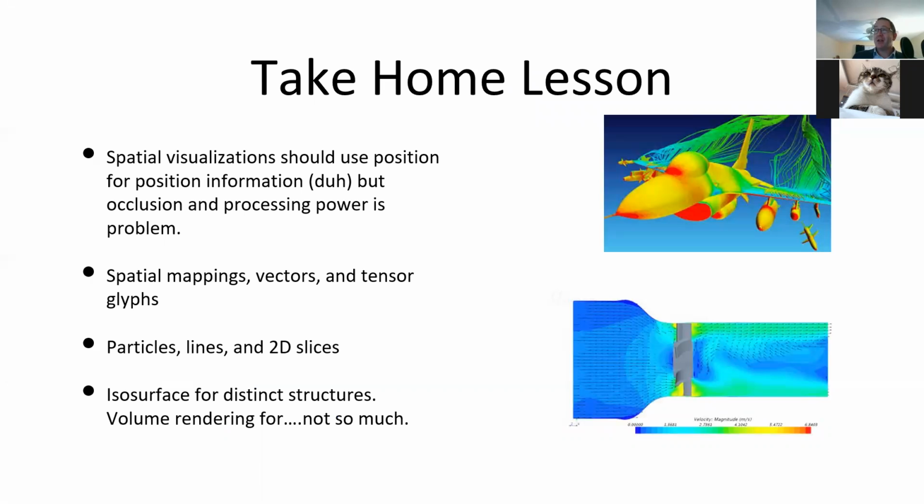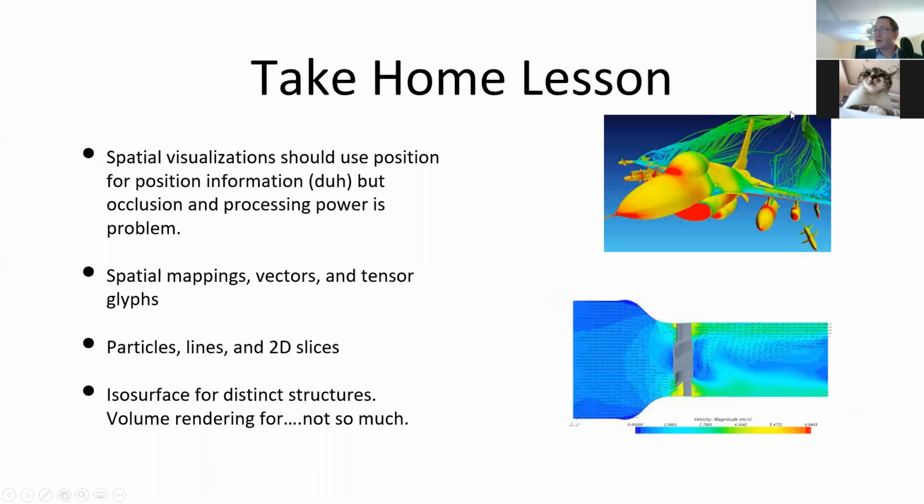Okay, our big take-home lesson I want to give you guys: spatial visualizations are for position in space. But occlusion and the sheer amount of data becomes a problem. As a result, we have a whole bunch of little techniques along the way. We have spatial mappings, we have vectors and tensor glyphs, which allow us to see things like fluid flow lines.